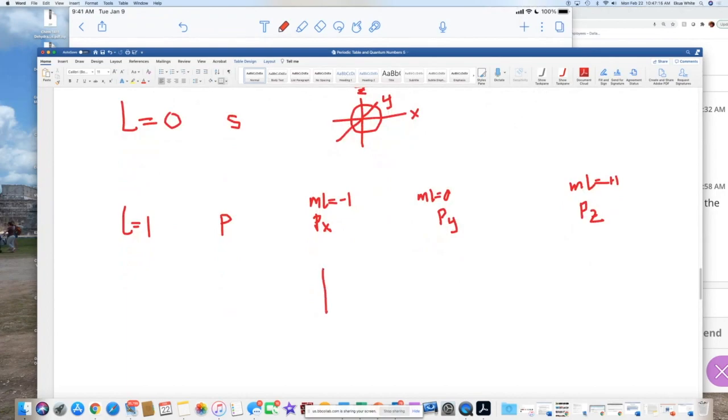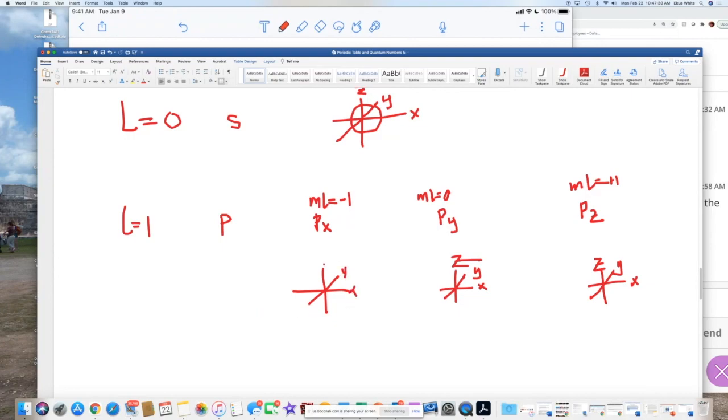So here, you draw your axes, and this is X, Y, Z, X, Y, Z. It's hard to draw.